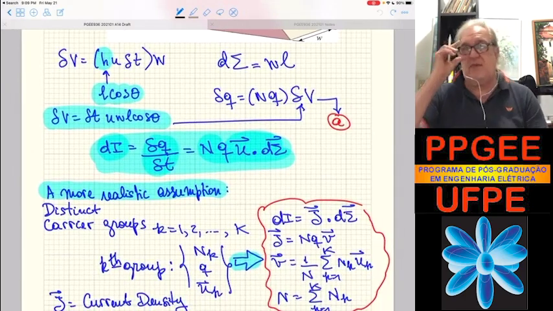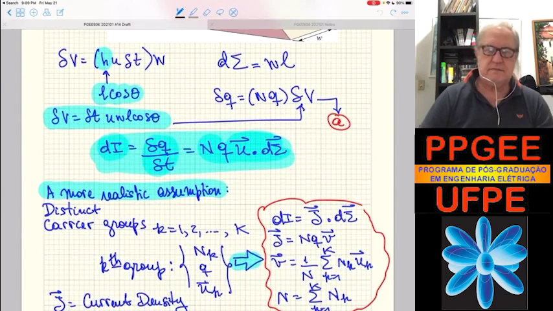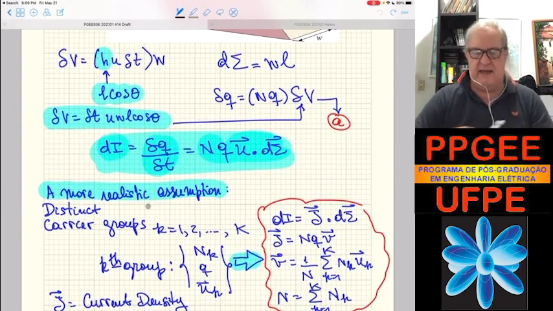Well, let's go to a more realistic assumption. You have distinct carriers. You have groups of carriers, and let's say you have capital K groups. Let's label each group by the discrete variable, small k, right?